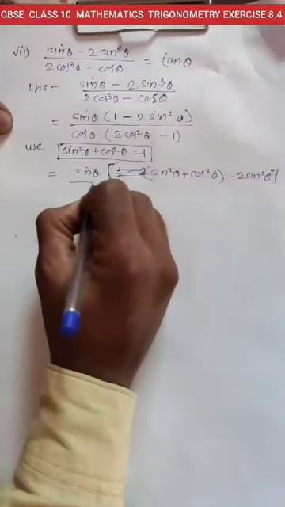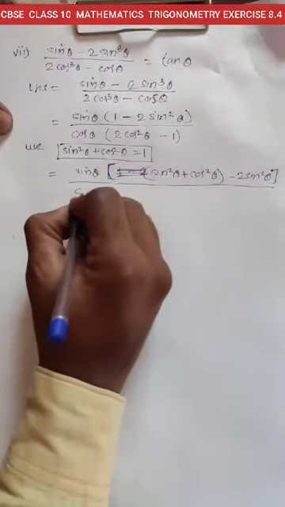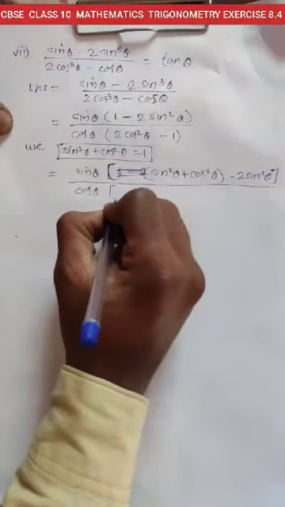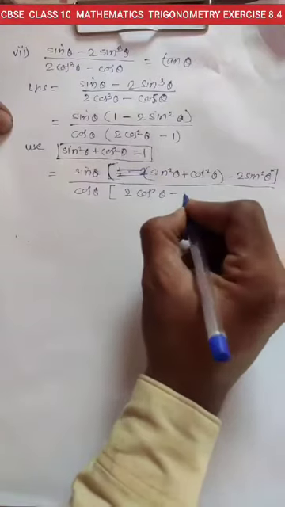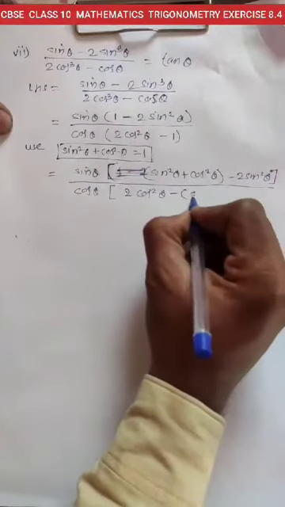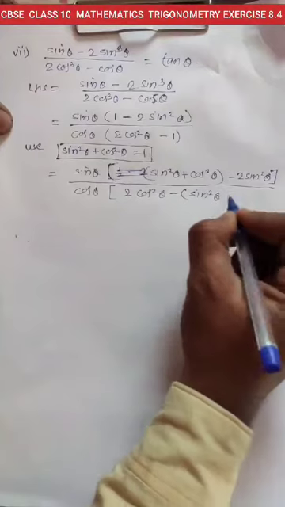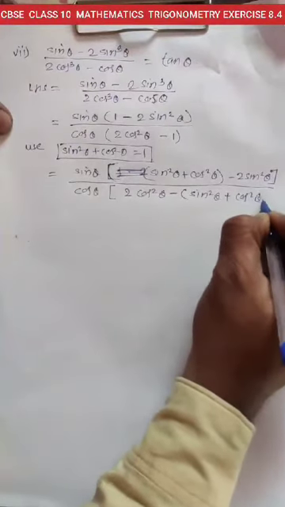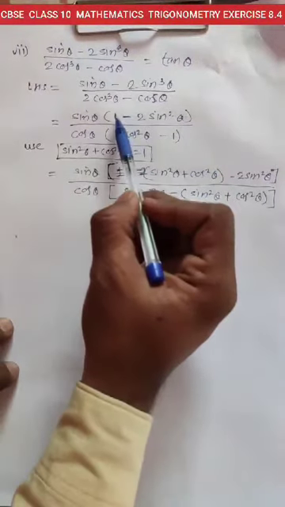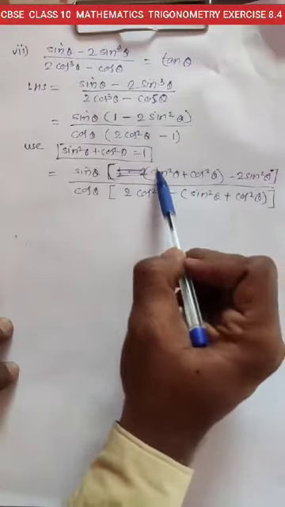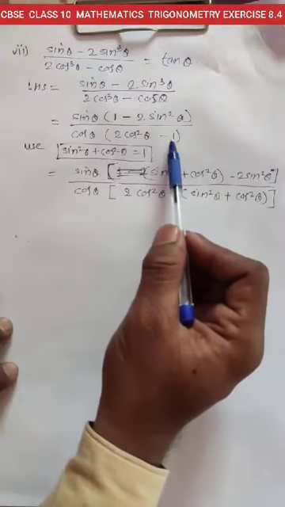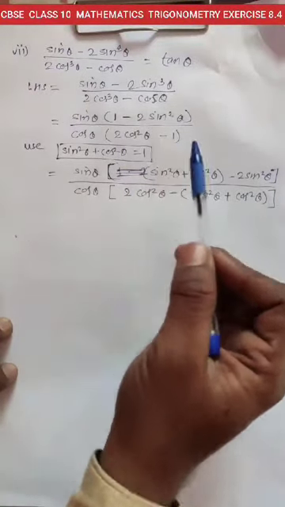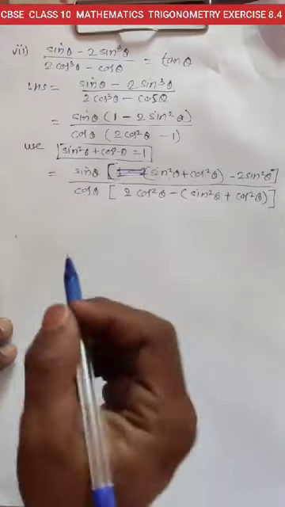This is the first bracket, upon cos theta into bracket 2 cos square theta minus 1, and again instead of 1 put sin square theta plus cos square theta.